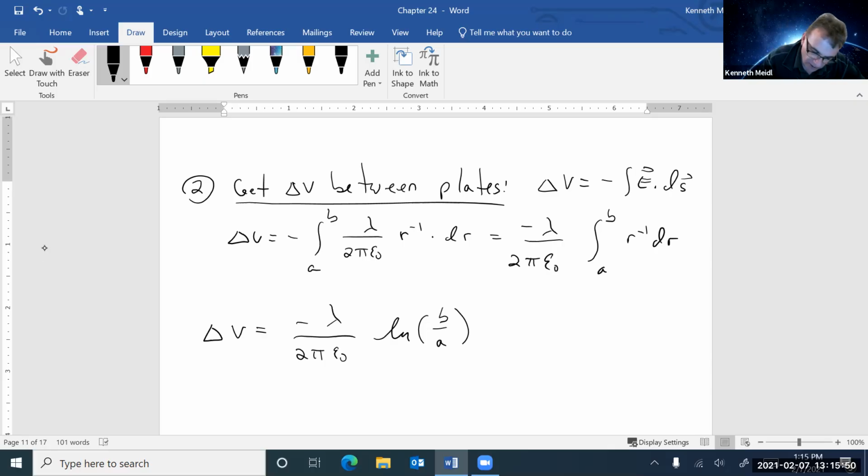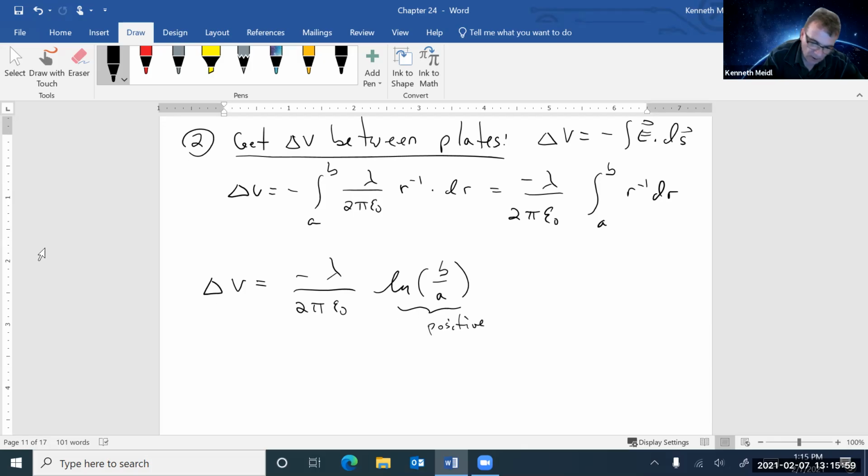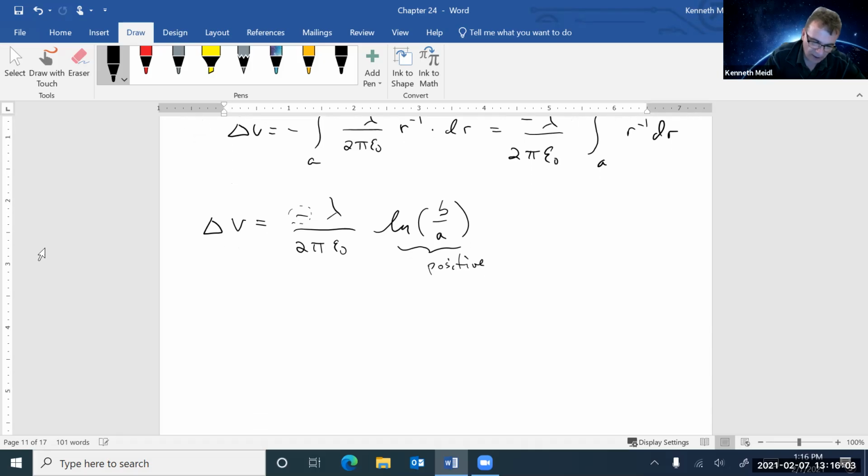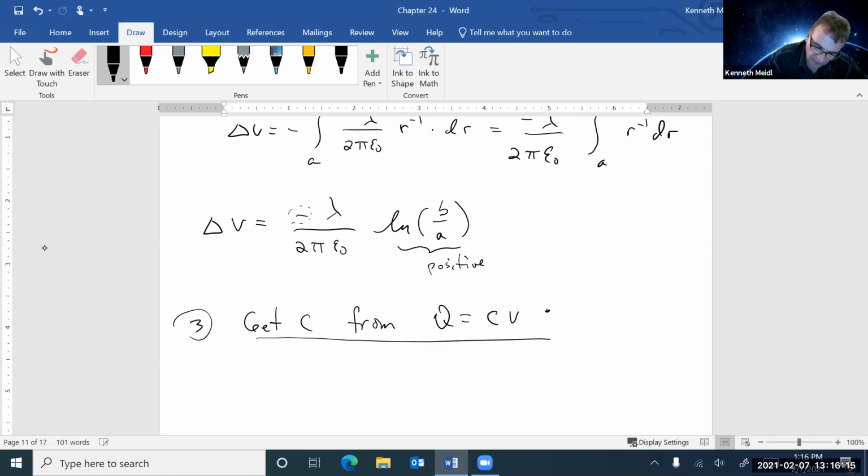So the way that this is written right here, I'm pretty sure that this is a positive value. And so that minus sign right here, I'm not going to really consider that when I go to my third step of, get C from Q equals C times V, because C has got to be a positive number.